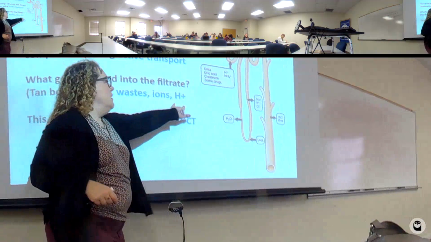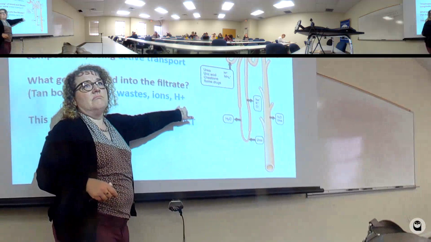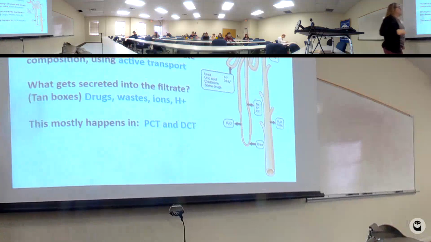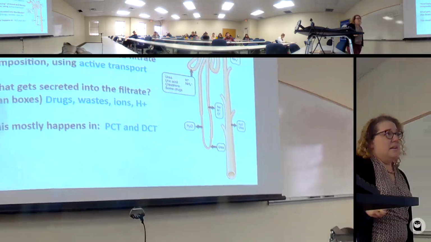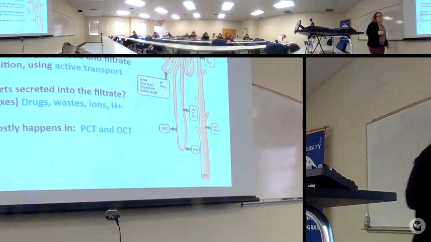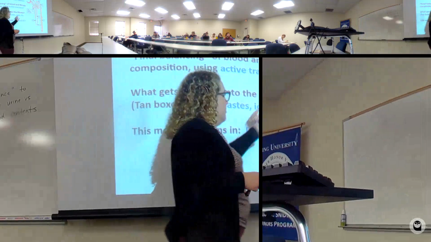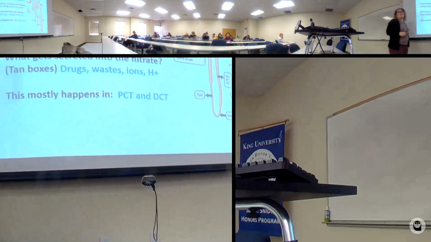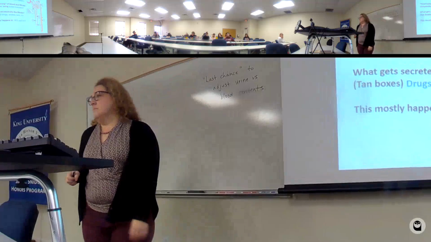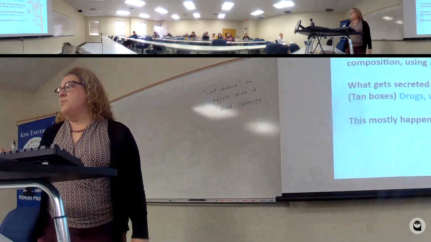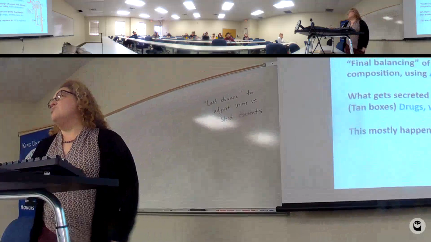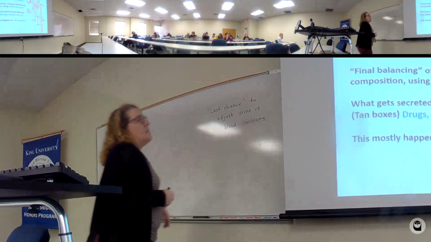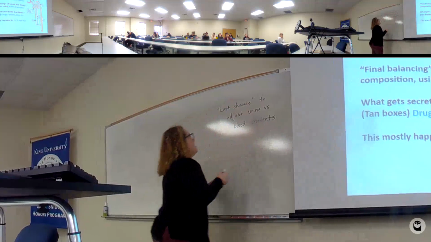Under here, you could write the word pH. pH is not a substance, but this is balancing pH. And this tends to happen in the proximal and distal convoluted tubules for the most part. Let's put back some stuff into the filtrate that we actually do want to get rid of in the end. That's tubular secretion. This also spends ATP.